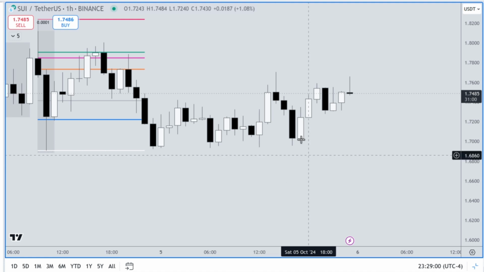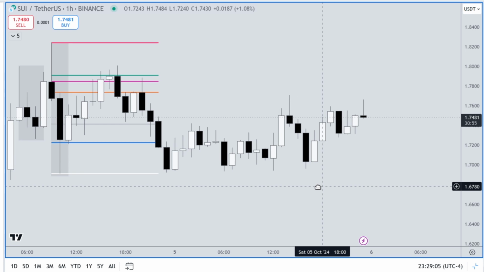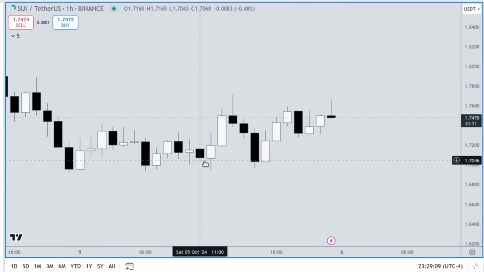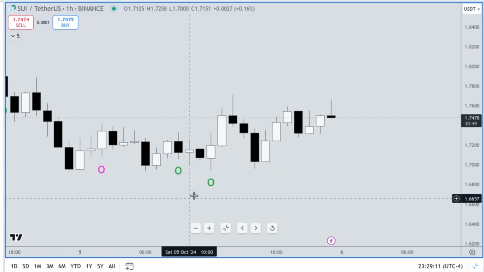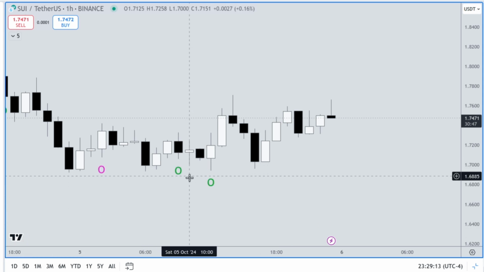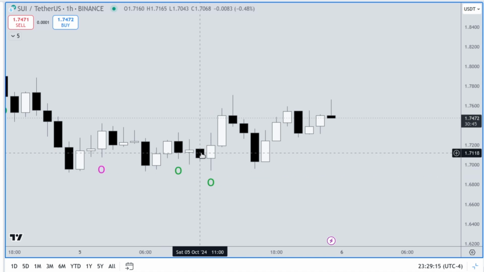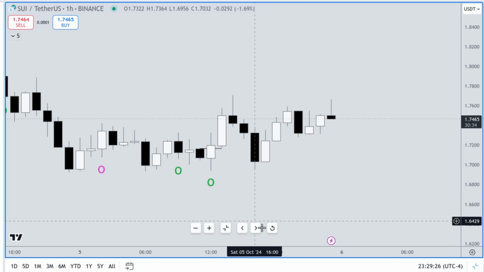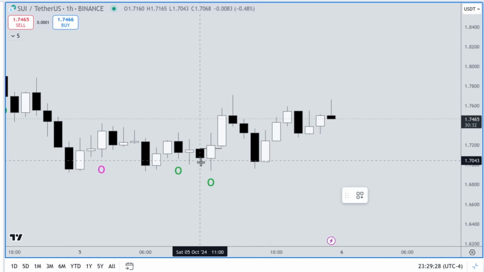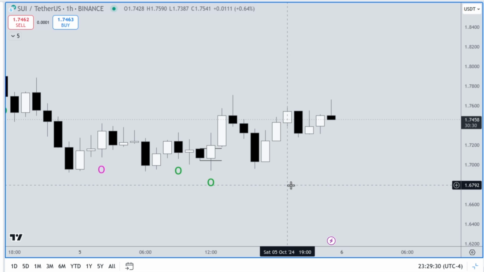Look at this. We are in SUI coin right here. Here we have an outside bar. My indicator tells me about this, sends me an alert, and I enter the charts, and then I take the trade.